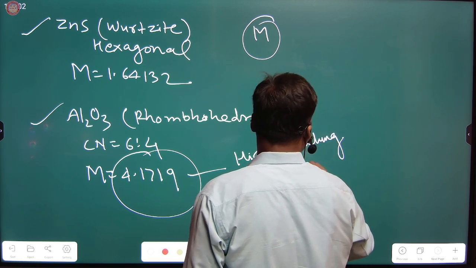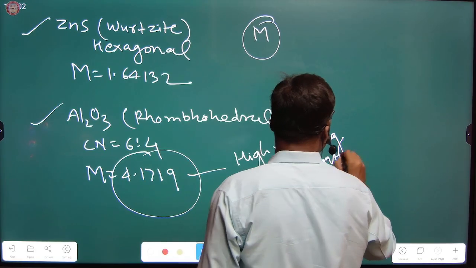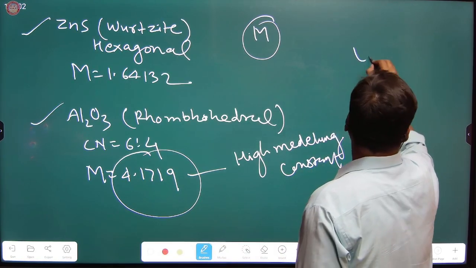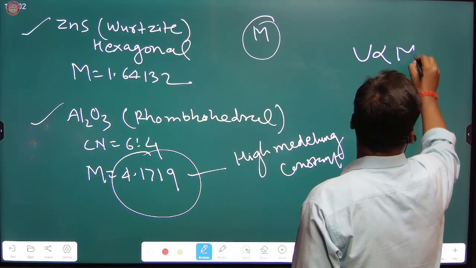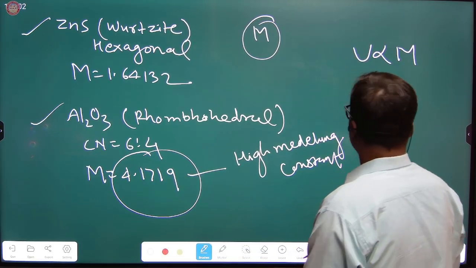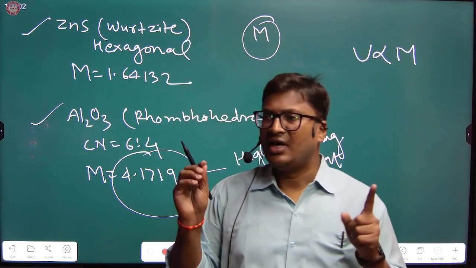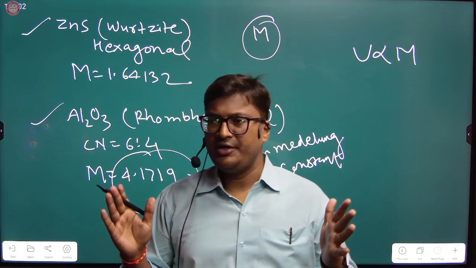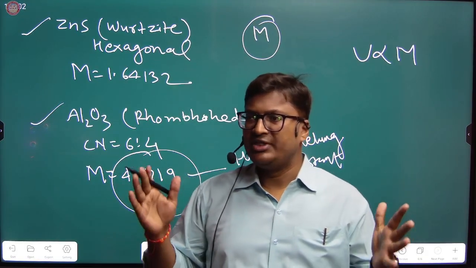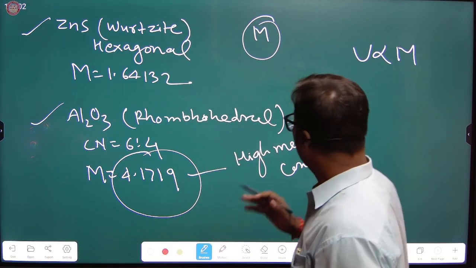So what do you expect? U is directly proportional to the Madelung constant, right? So the larger the value of the Madelung constant, the larger will be the lattice energy of the ionic solids.